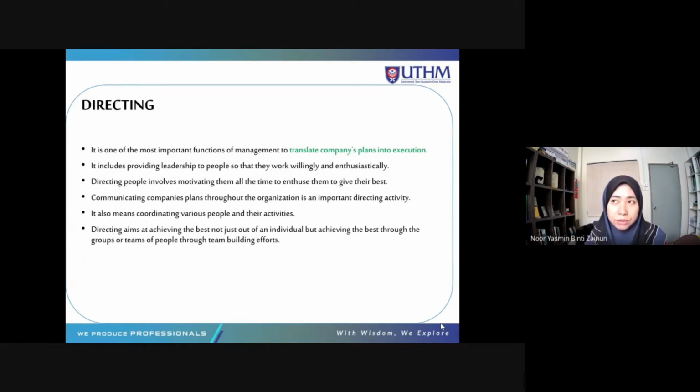So you coordinate all people and their activities. Directing aims at achieving the best, not just out of an individual, but through the group, the team of people, through team building efforts.